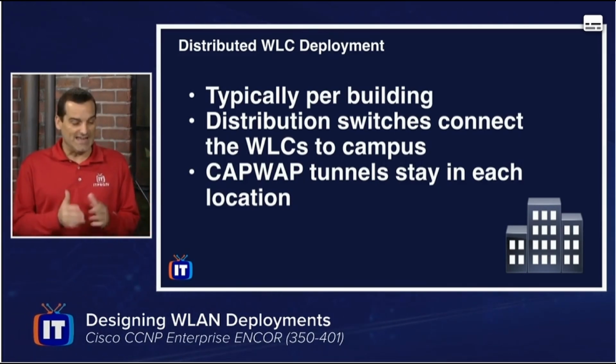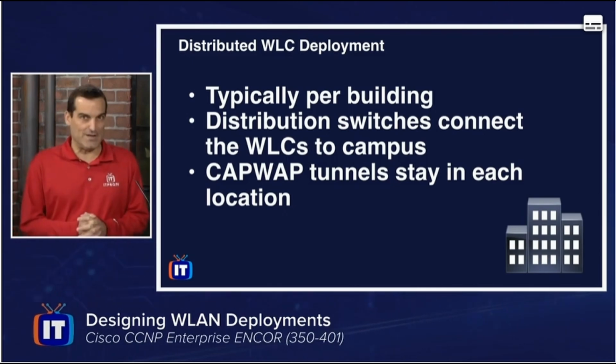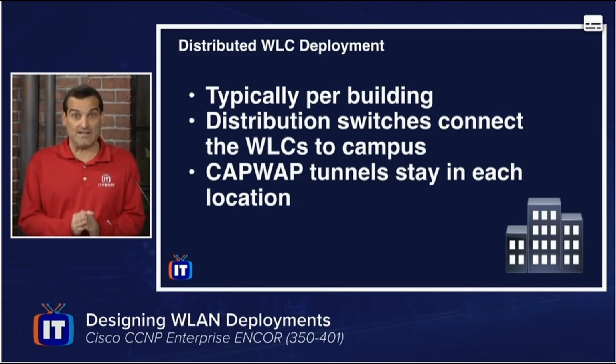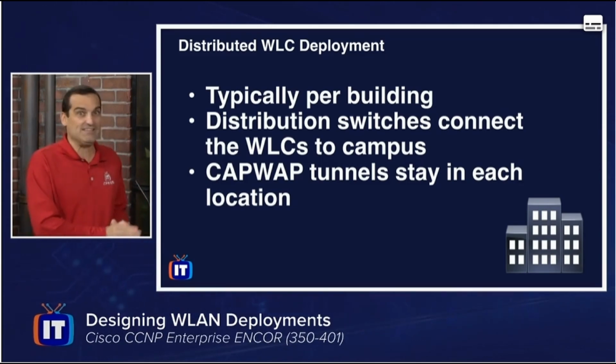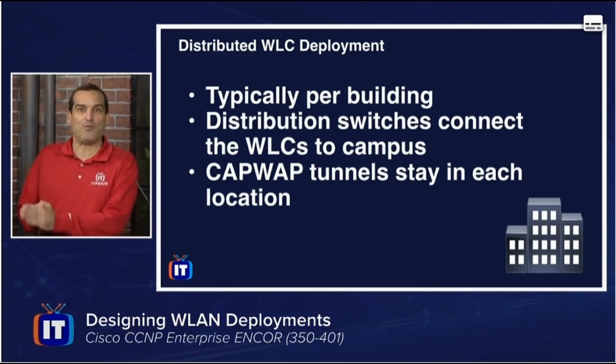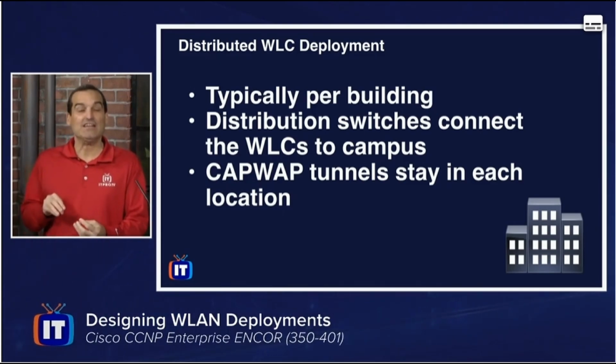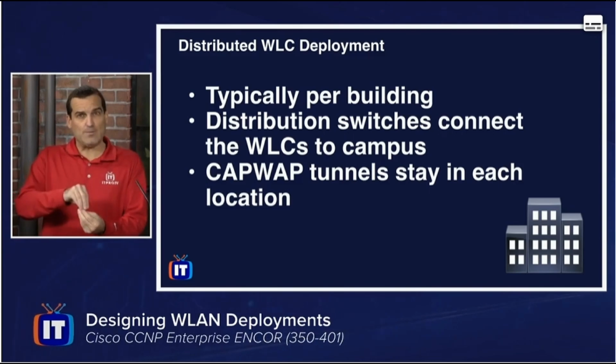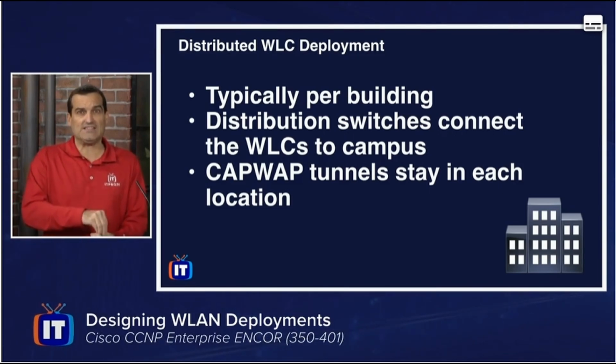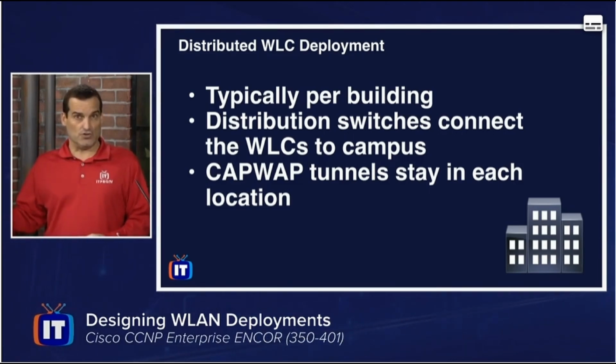Now, I've got that great acronym here on screen as a reminder of how typically we have the APs communicate with the wireless LAN controller, and it's CAPWAP. We have those CAPWAP tunnels established between the APs and the wireless LAN controllers.